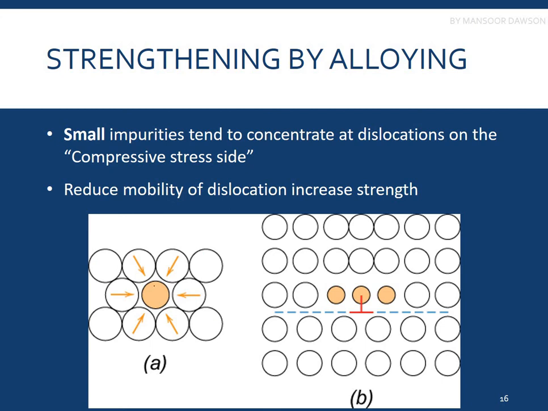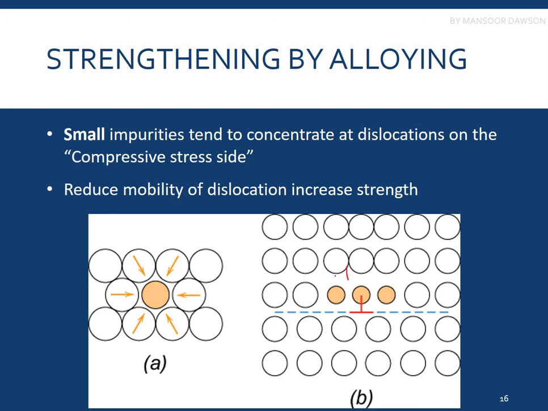You can see that this is a foreign atom, an impurity atom. It is desirable that the atom size is smaller than that of the lattice. When the size is smaller and it is introduced in the slip system, at the dislocation line you can see that it provides a compressive stress.